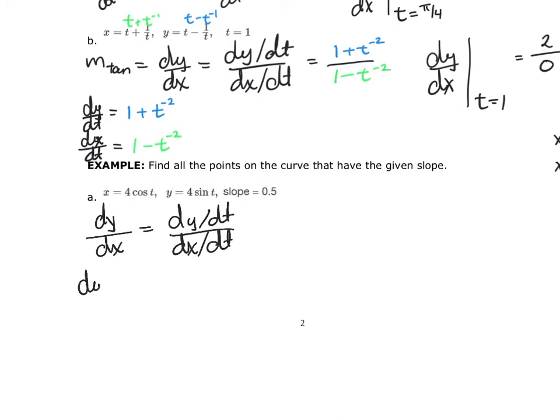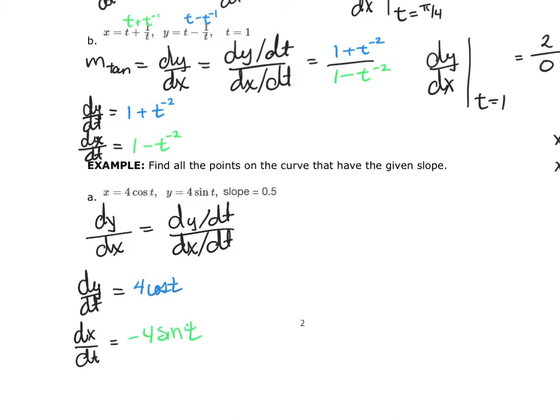So I need to find dy/dt. The derivative of 4 sine is going to be 4 cosine of t. My dx/dt is going to be equal to negative 4 sine of t.